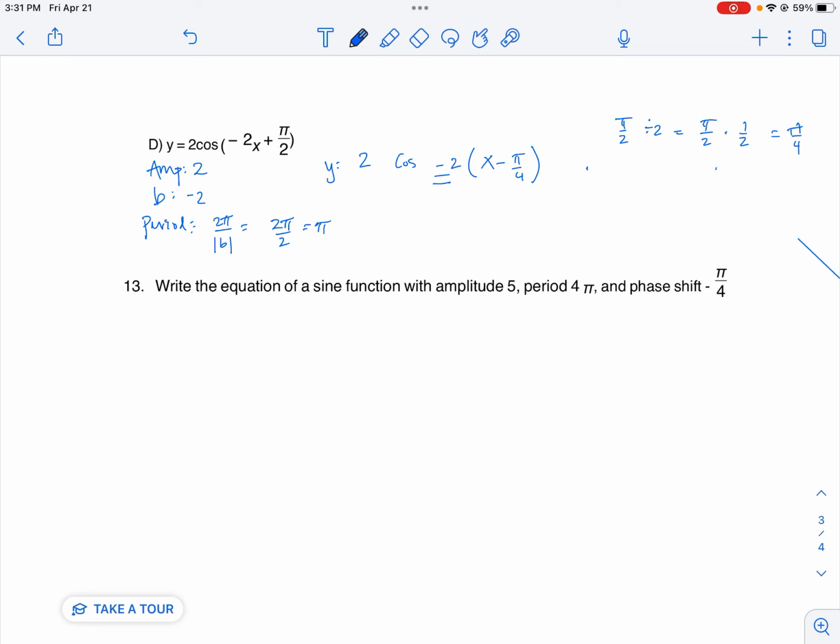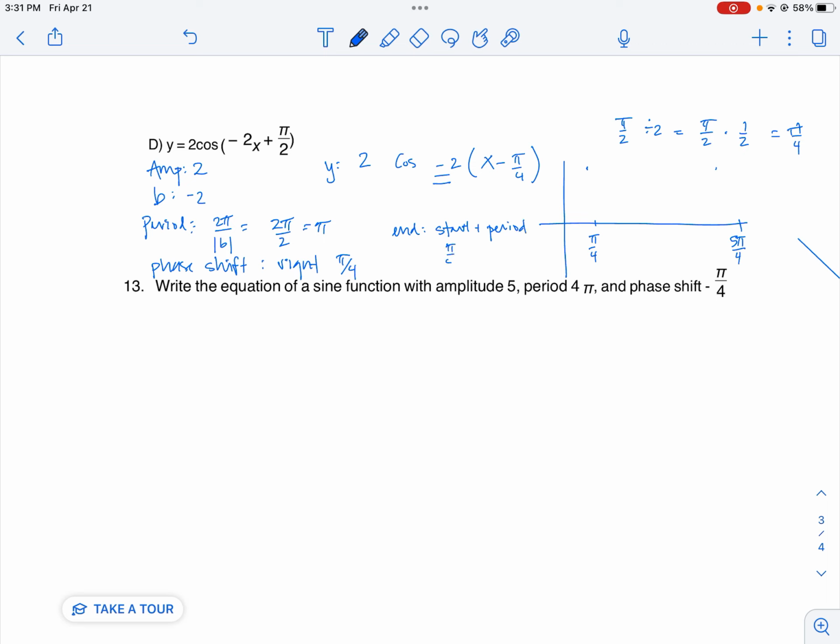And with an amplitude of 2, a period of pi, and then I have a phase shift where this graph moves to the right, pi over 4 units. So when I make a sketch of this, I'm going to go over pi over 4 units, and I'm going to end at pi. So that means that if I add those two up, I get an end point, because I want to end at the start plus the period, because I only need one cycle.